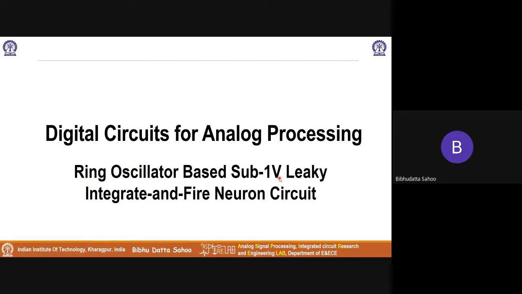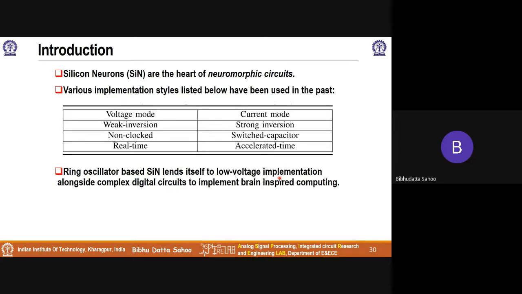We'll show how people have implemented neurons in olden days using op amps and other analog circuits, what the drawbacks of those are, and then how I can use a ring oscillator, which is a purely digital circuit, to build a neuron circuit and therefore do some machine learning, character recognition or something else.